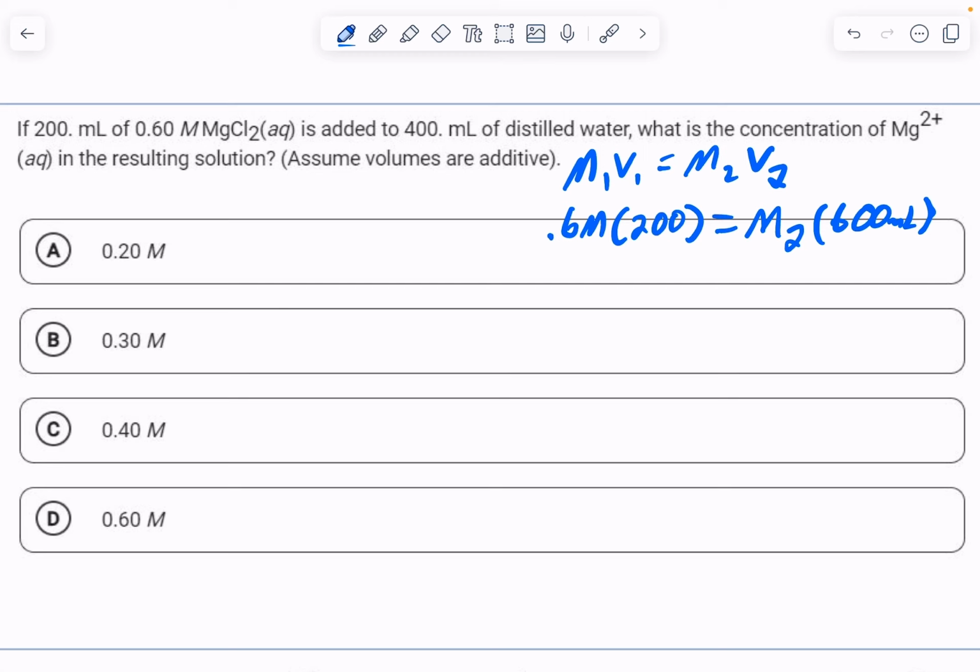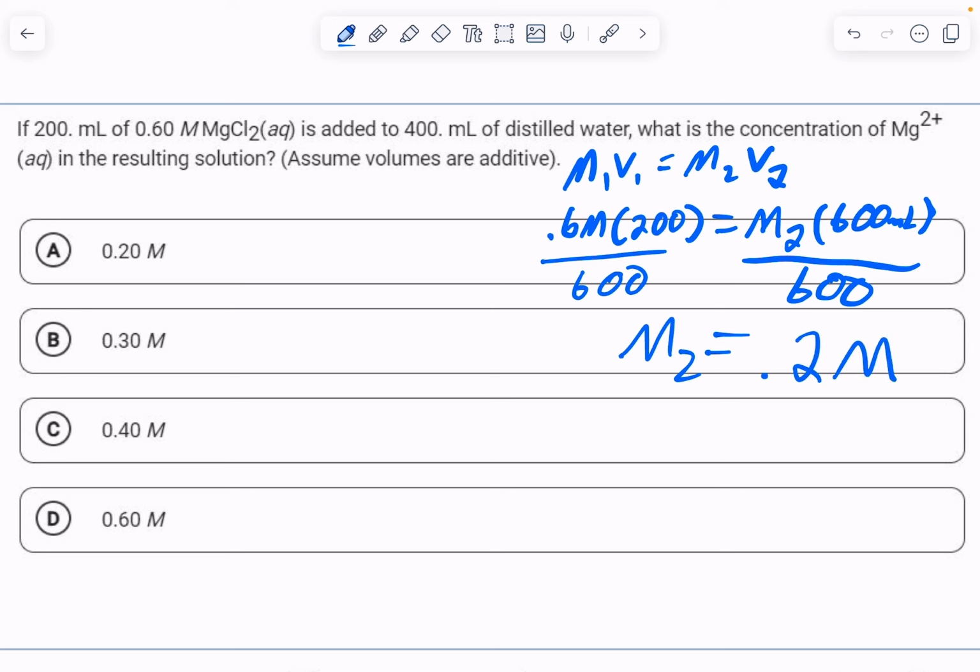So then we take 0.6 times 200, and divide both sides by 600, and we should get the new molarity concentration. So we'll take 0.6 times 200 and divide it by 600. And we get a molarity of 0.2 molar.